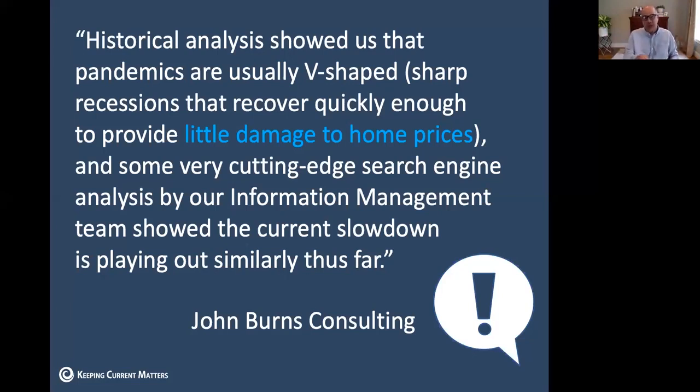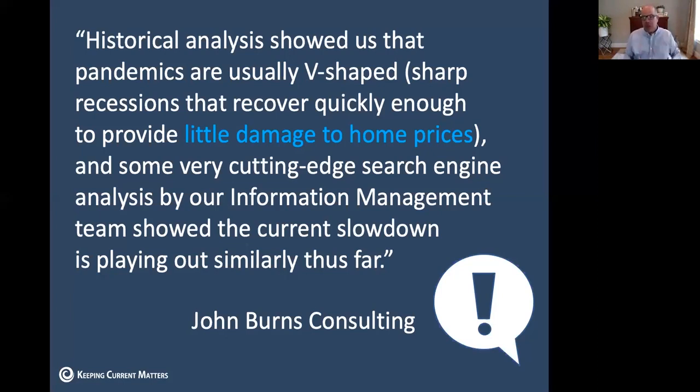They do a lot of consulting to hedge funds and large builders that are looking for data to make decisions in our industry. So very respected. And they're saying, when we look at the history, we see V-shape. So what do we have? We have institutions saying we're looking at this V-shaped recovery. We have Harvard Business Review and John Burns Consulting saying this is what we see happening.